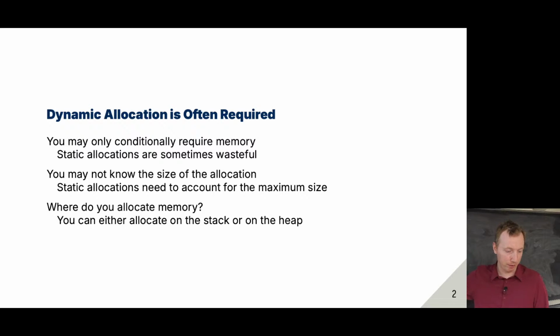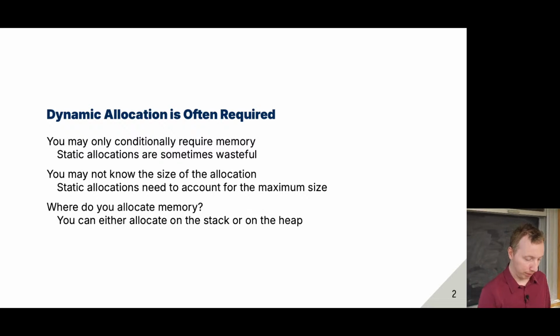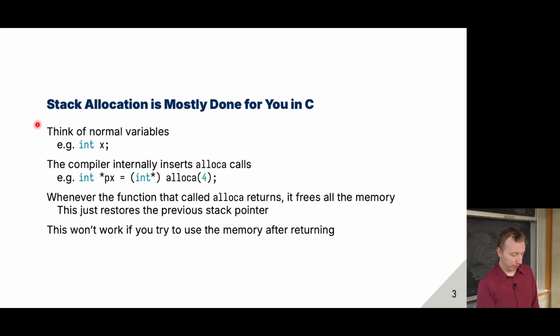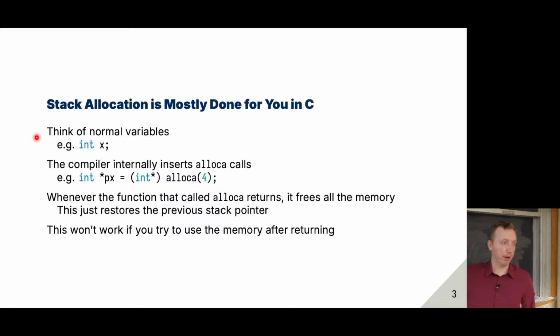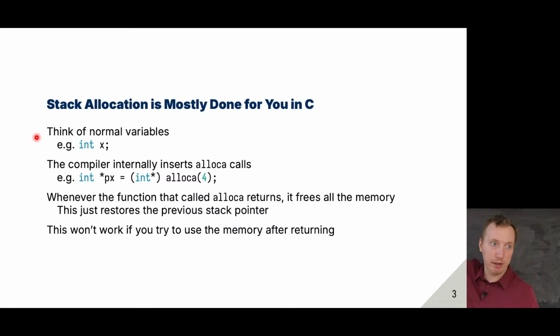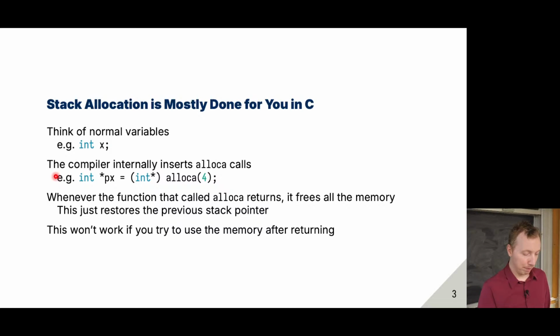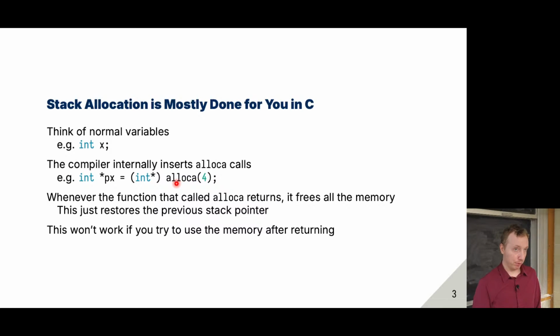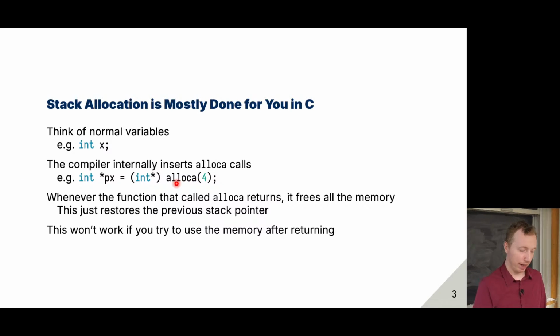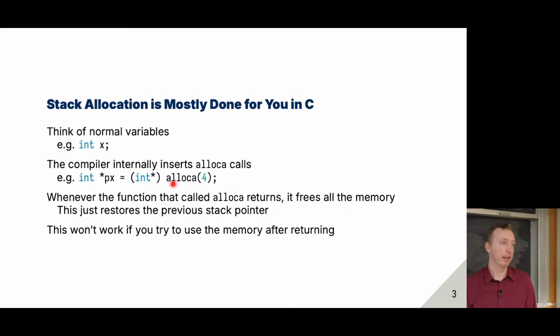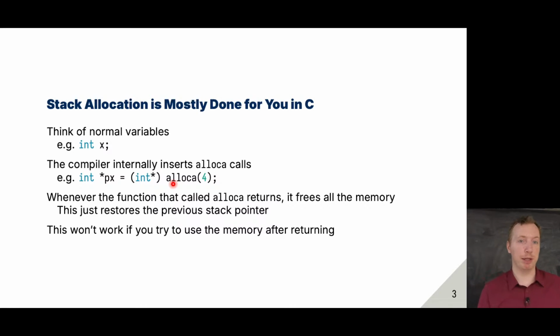The compiler inserts it for us, and that's mostly done for us in C. So if you think of a normal variable, if you just have int x in a function, instead of malloc, the function to actually allocate space on the stack is called alloca. You can use it if you want. You've probably never had to because the compiler does it for you.